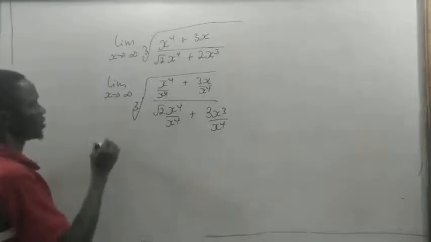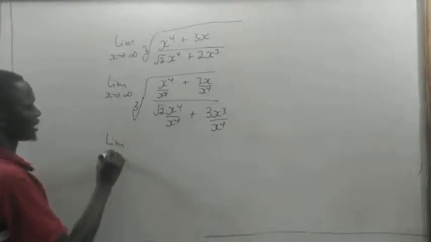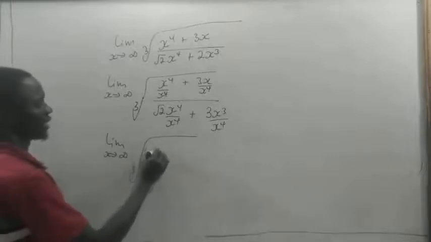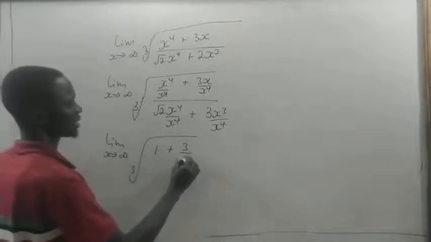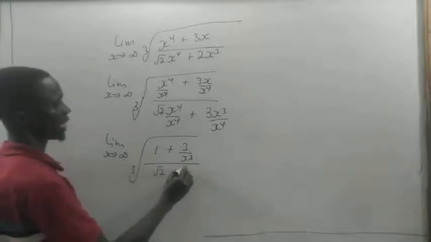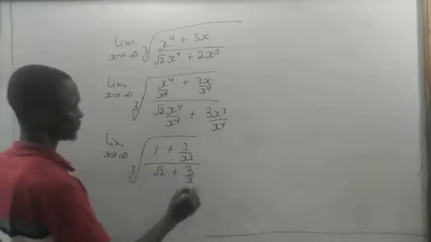And what do we see? We have the limit as x approaches infinity, cube root of 1 plus 3 divided by x cubed, or divided by square root of 2 plus 3 divided by x.